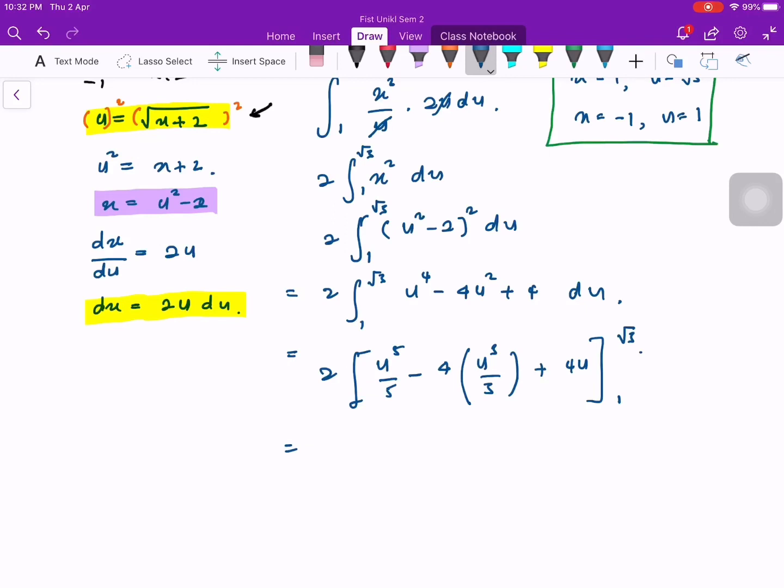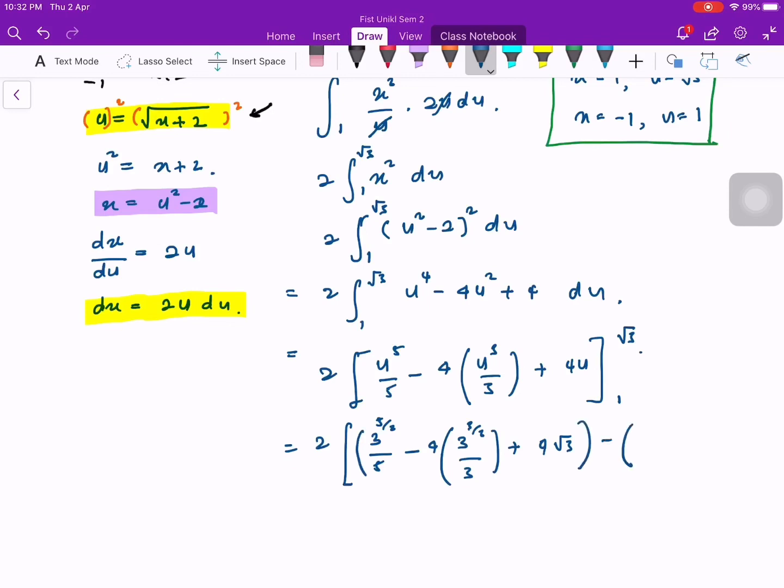Okay, then by compute the value of square root of 3 and 1 accordingly. Okay, so saya masukkan nilai dia. So kita akan dapat square root of 3, so kita akan dapat 3 to the power of 5 over 2 over 5 minus with 4 times with 3 to the power of 3 over 2 over 3 plus with 4 square root of 3.